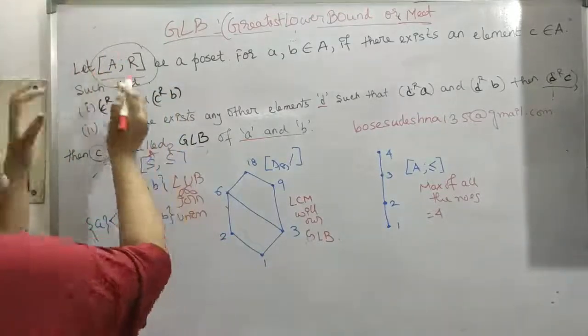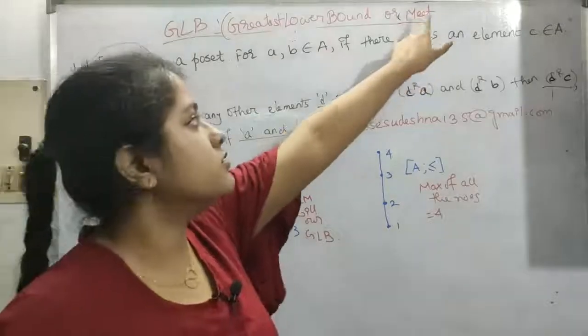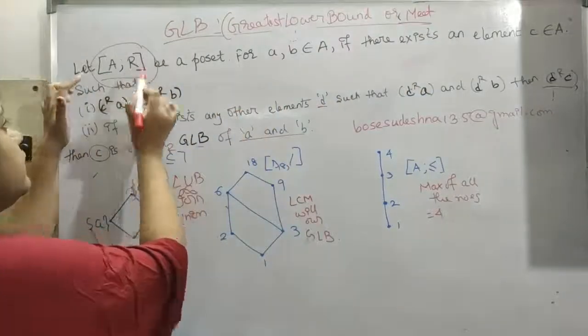Now the same thing, greatest lower bound, also called meet. Now (A, R) is a poset.